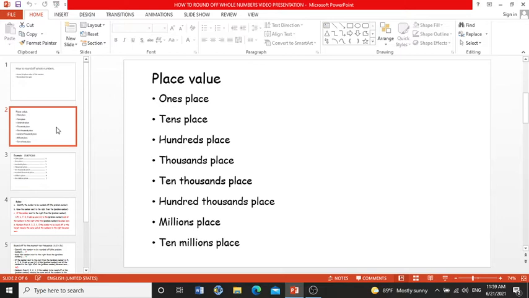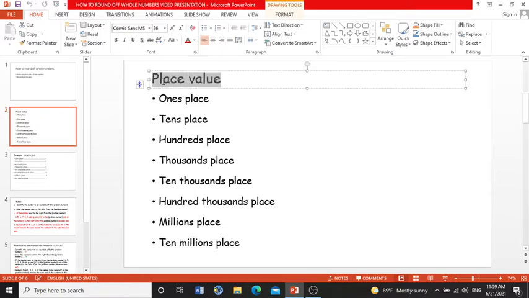Before I continue, this list here, if you can see my computer cursor, is called the place value. Okay, let's continue again.